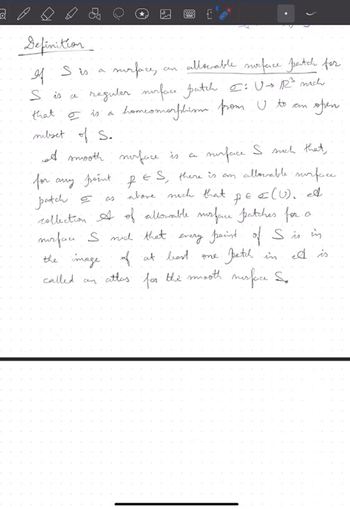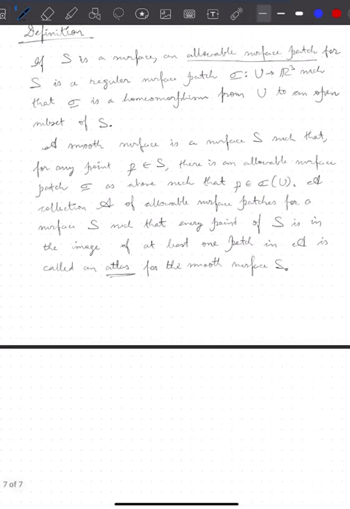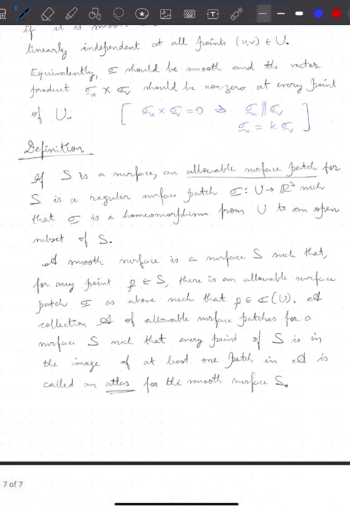Then we call the collection the atlas for the smooth surface S. So that is the definition here. It is a mouthful, but the idea is very simple, very precise and very compact. Essentially, that's what there is in the definition.